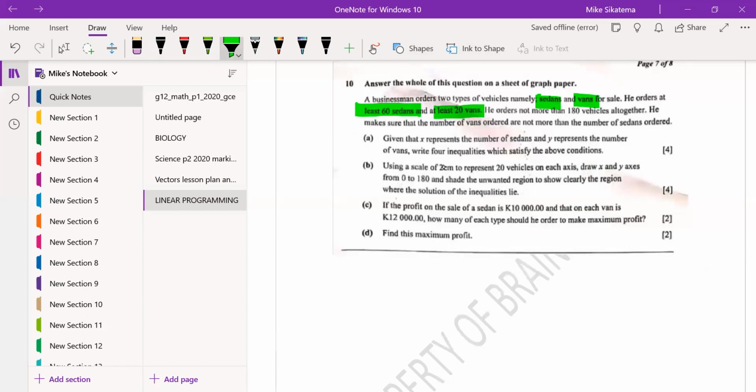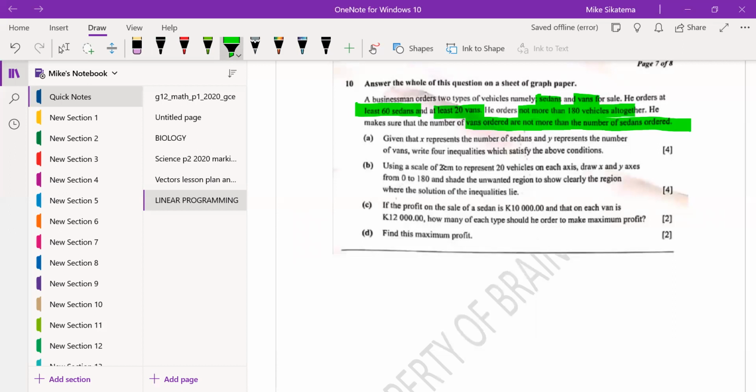So it has to be either 60 or greater than 60, because they said at least 60 sedans and at least 20 vans. He orders not more than 180 vehicles. He makes sure that the number of vans ordered is not more than the number of sedans ordered.